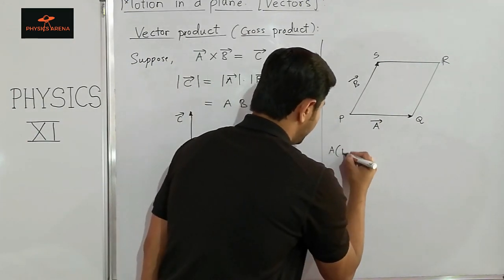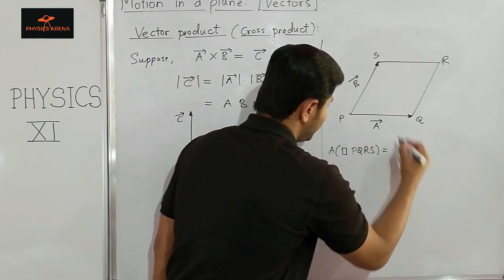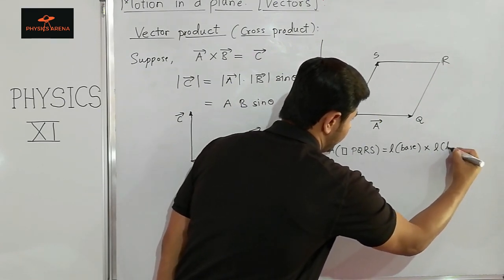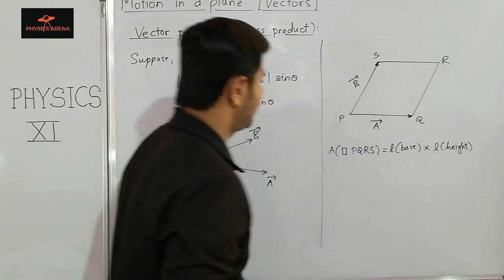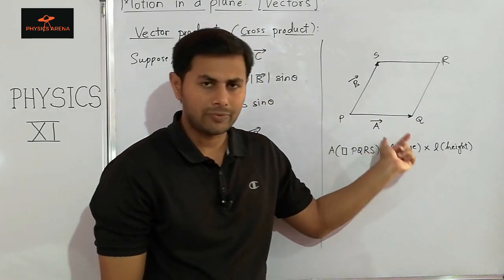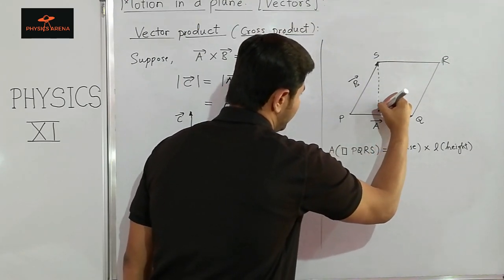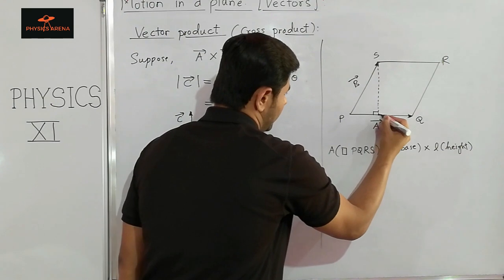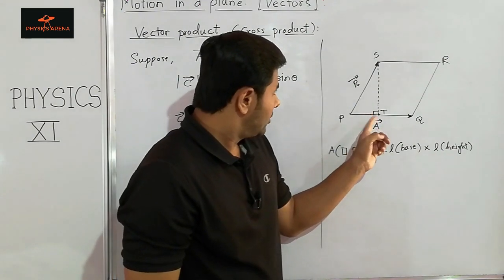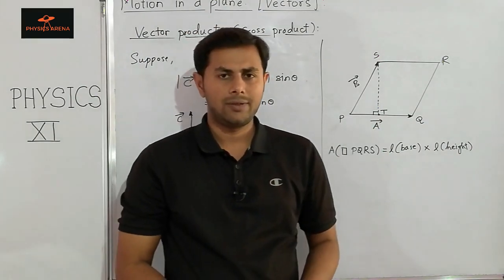So area of this parallelogram or quadrilateral PQRS is equal to length of base multiplied by length of height. Okay, so the length of base should be clear, it is magnitude of this vector A bar. What about height? So let's draw a perpendicular here, and suppose it meets at this point T. Now this ST is the height of this parallelogram, we have to find ST.